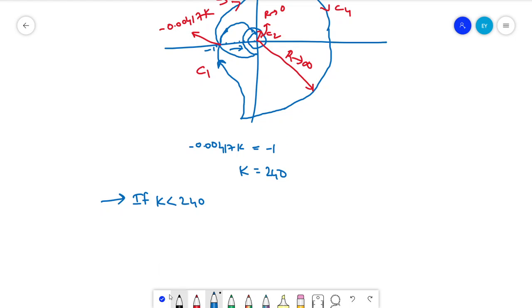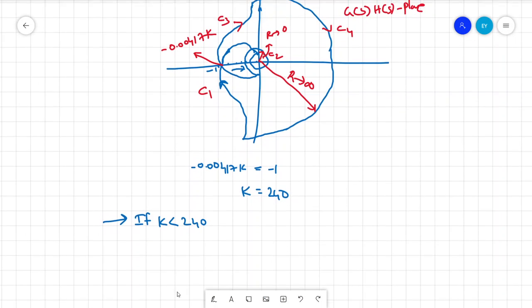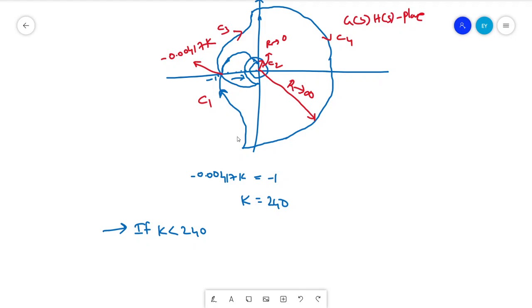In a junk way, you can remember this way: if you are traveling in your Nyquist plot from the starting to ending, if you see the -1 point or critical point on your left side, then the system is stable, as simple as that.